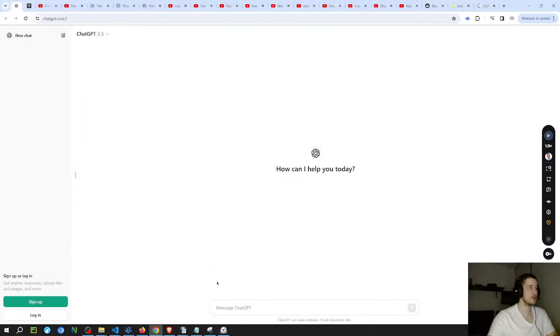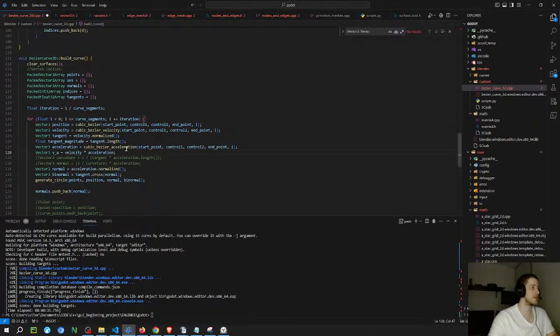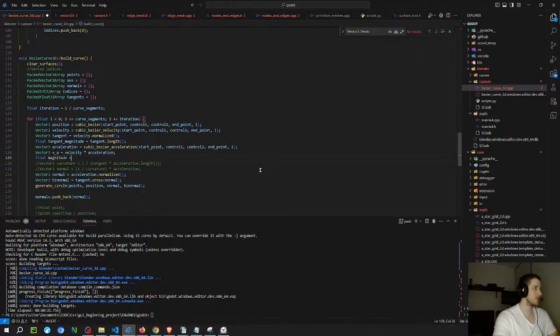Oh, no. Yeah, I think it's just going to be divided by, I forgot which one it is, but I think it's the velocity. So it's going to be the magnitude of this. But I don't think this is going to be enough there. That's the problem.